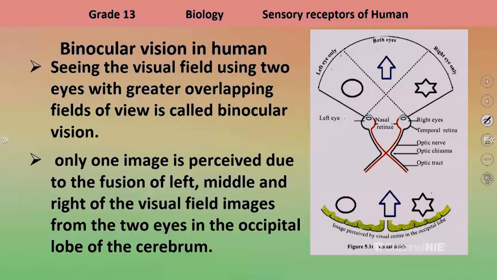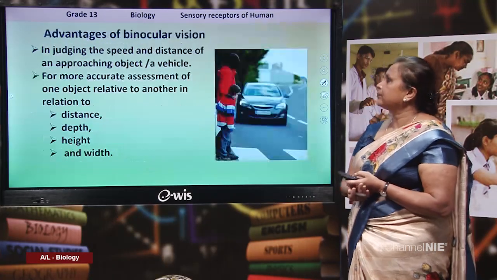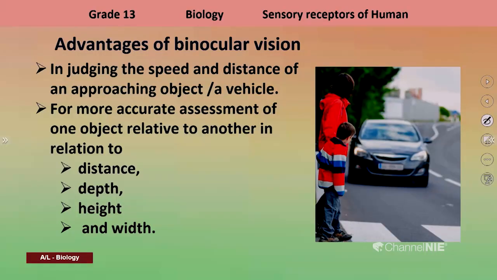Now I am going to explain the importance of binocular vision for humans. Here you can see, when a person is crossing a road, the person should know the vehicle which is reaching towards them.